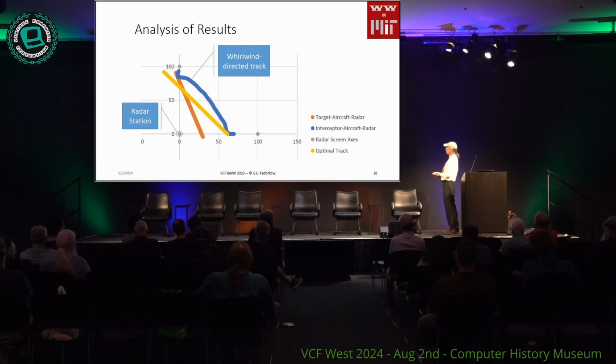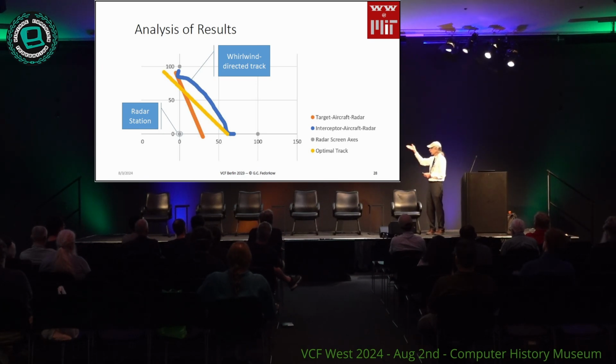The yellowish line is the path that an interceptor should take if it was designated at that particular point in time to get the optimum intercept. The blue line is what it actually computes.